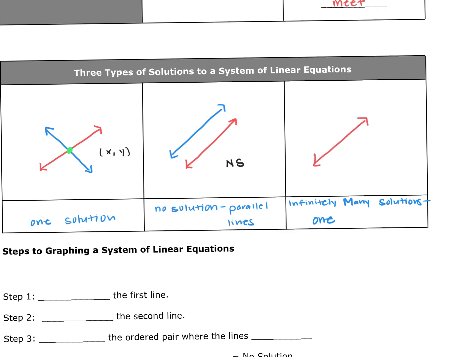And then you graph your second line, and your second line lands exactly on top of your first line. It is the exact same line. That would be infinitely many solutions. And when you have that, your slope and your b, where you start, are going to be exactly the same. So you're going to have y equals your mx plus b part. Maybe you have 2x plus 3. Both of your lines will say y equals 2x plus 3. So they're going to be exactly the same, and that would land on the same line.